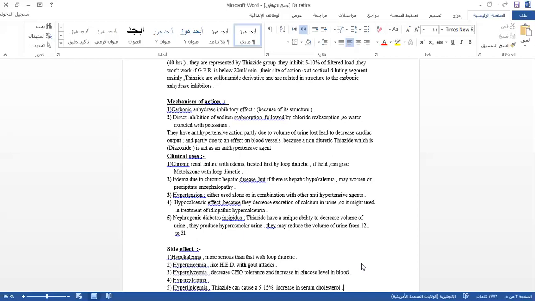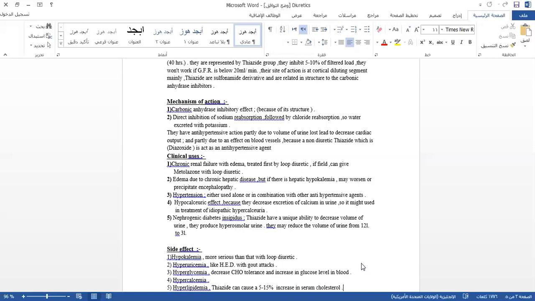Clinical uses. Number one, chronic renal failure. We mentioned that one of the indications of loop diuretics is chronic renal failure with edema. It can be treated firstly by a loop diuretic, and you can give metolazone, which we mentioned as an example of drugs related to the thiazide, added with the loop diuretic to control edema of chronic renal failure.